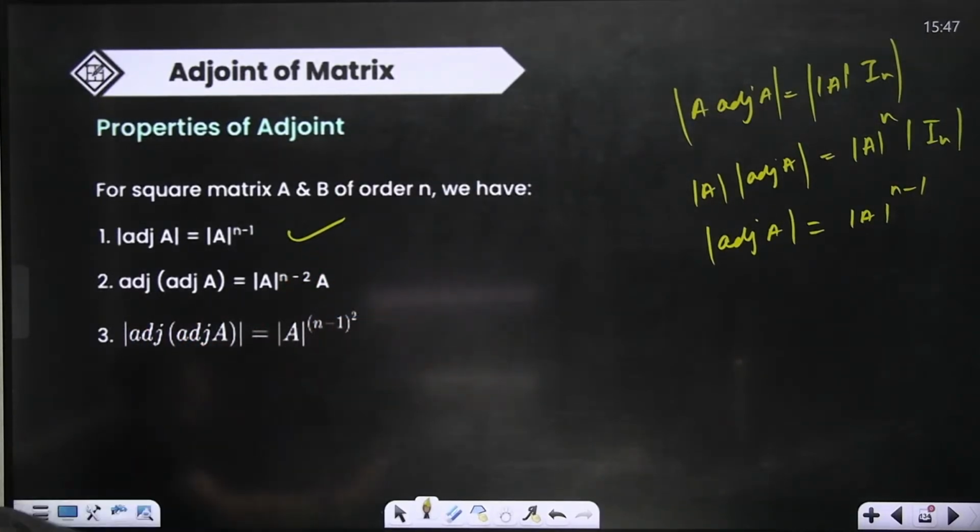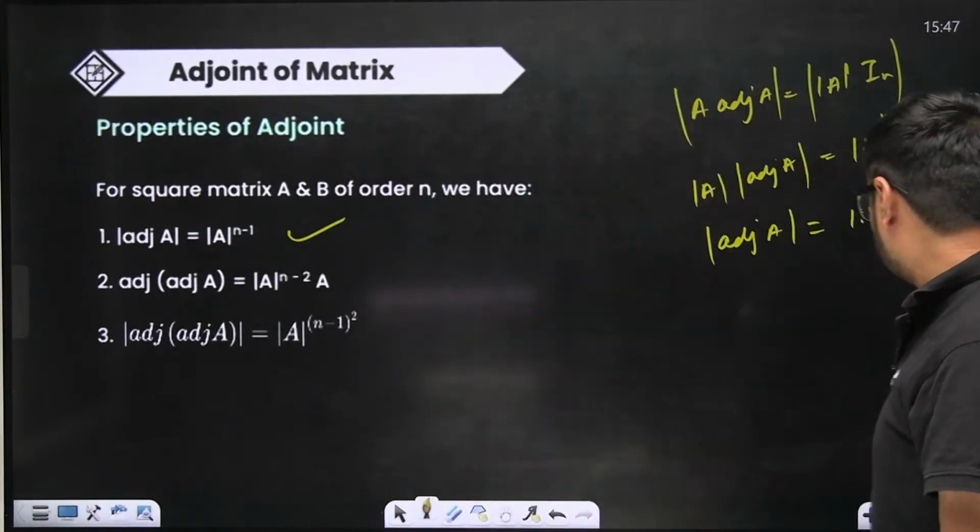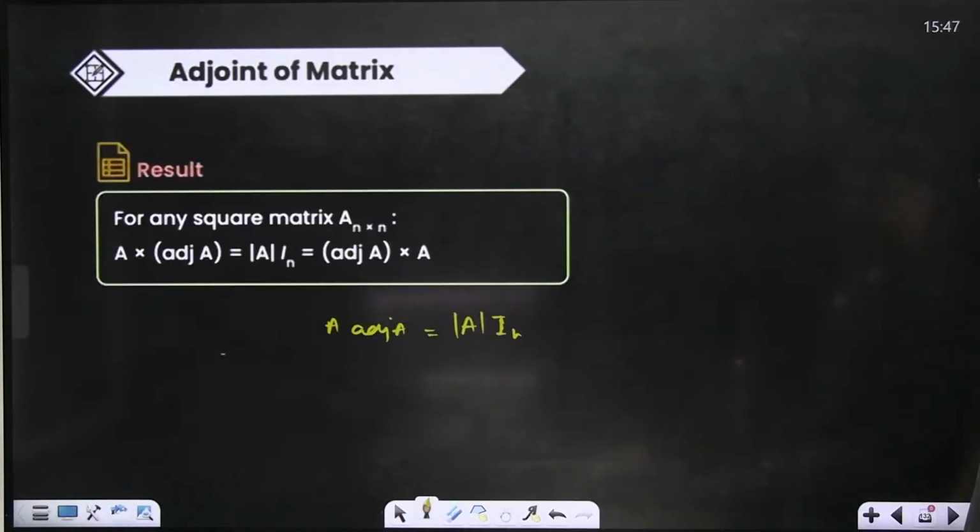All of these you can start from the main method, which is A adjoint of A equal to determinant of A multiplied with identity matrix. From there only all these are coming, nowhere else. So these questions based on adjoint are being repeated.